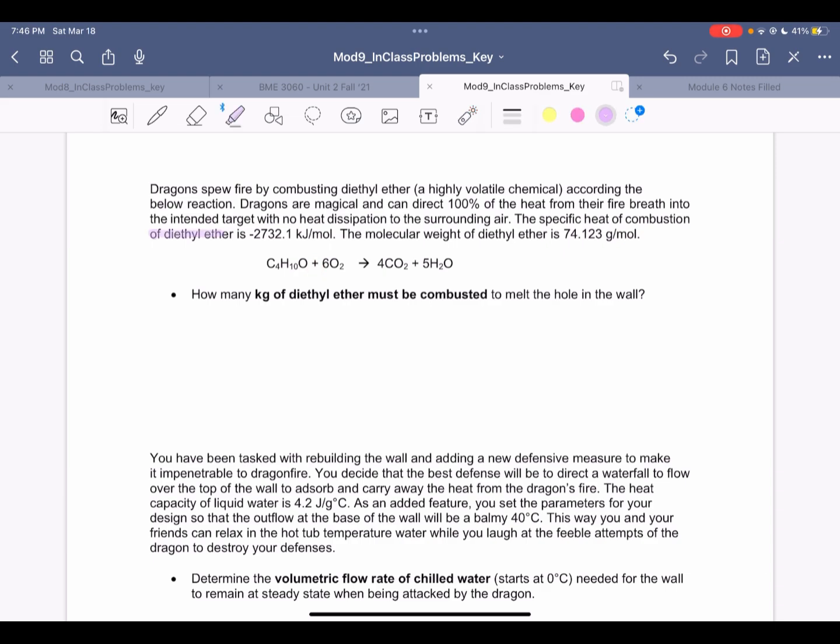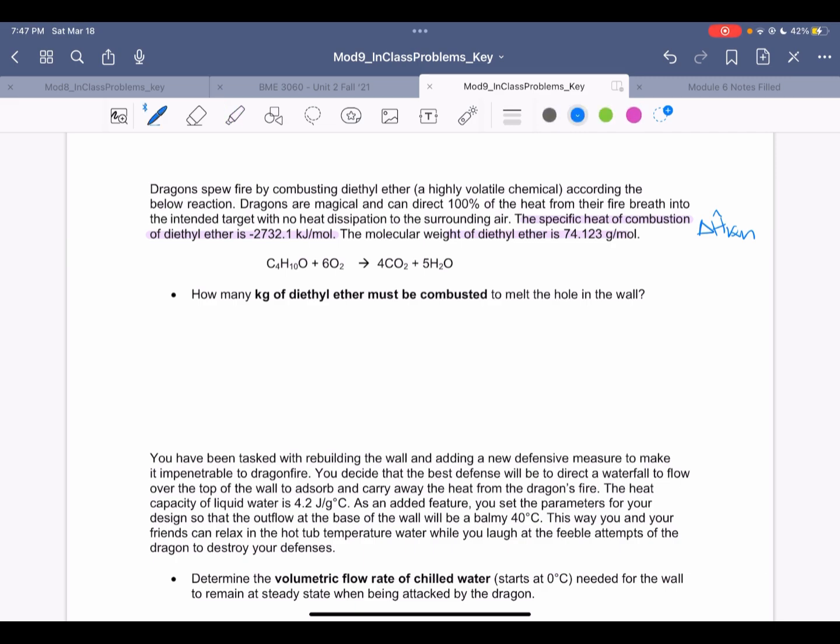So what this is telling us is that this is the heat of reaction, the specific heat of reaction of this reaction that is taking place inside of the dragon. And the molecular weight of diethyl ether, this seems important too, is 74.123 grams per mole.